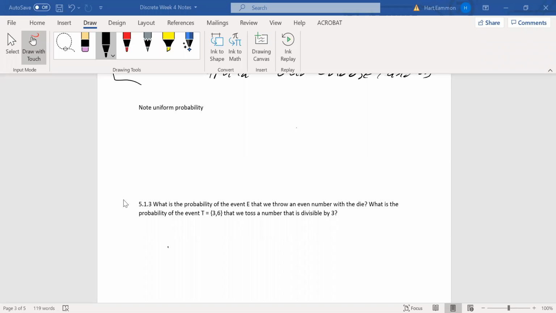Okay, so I'm just going to make a quick note on uniform probability, just to make it more explicit.